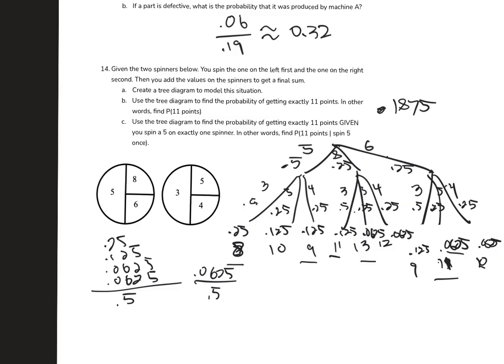And when we evaluate that, that again is equal to 0.125, or 1 out of 8. So that's the probability that if you roll a 5 on exactly one spinner, not on both, there's a 1 out of 8, or 0.125 probability that you will get an 11.